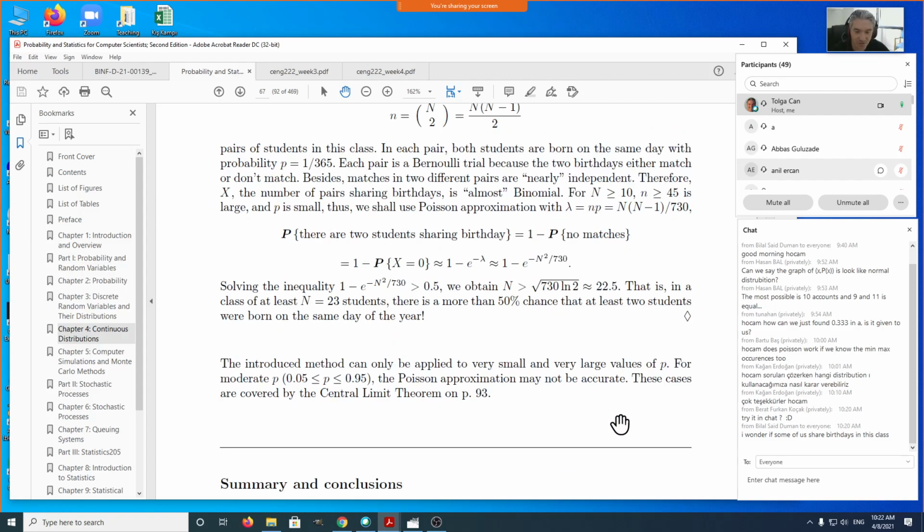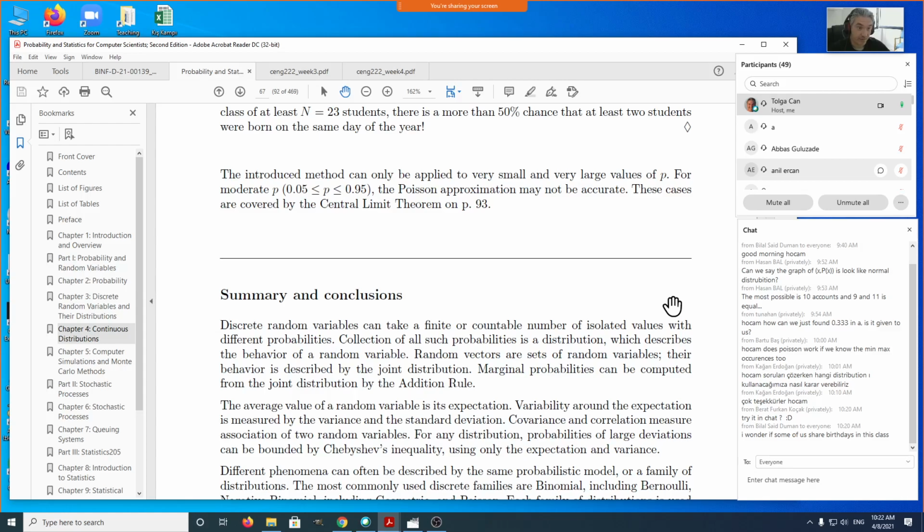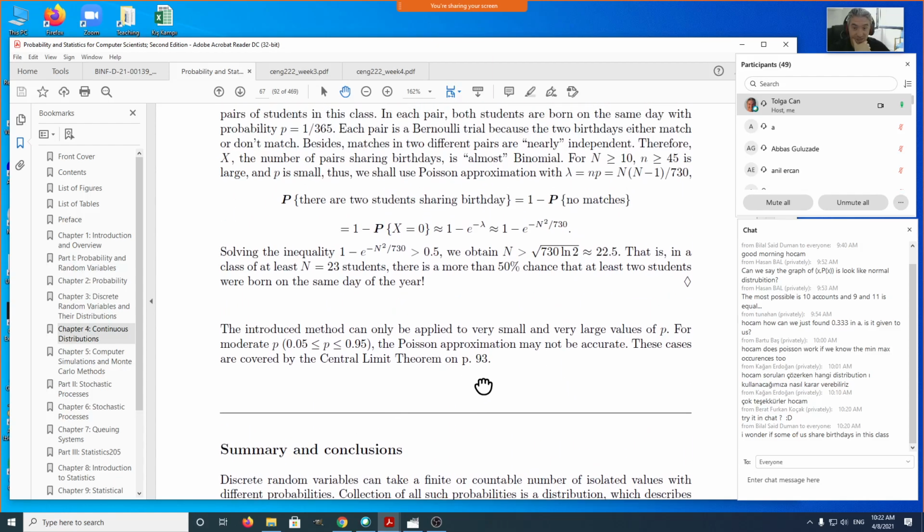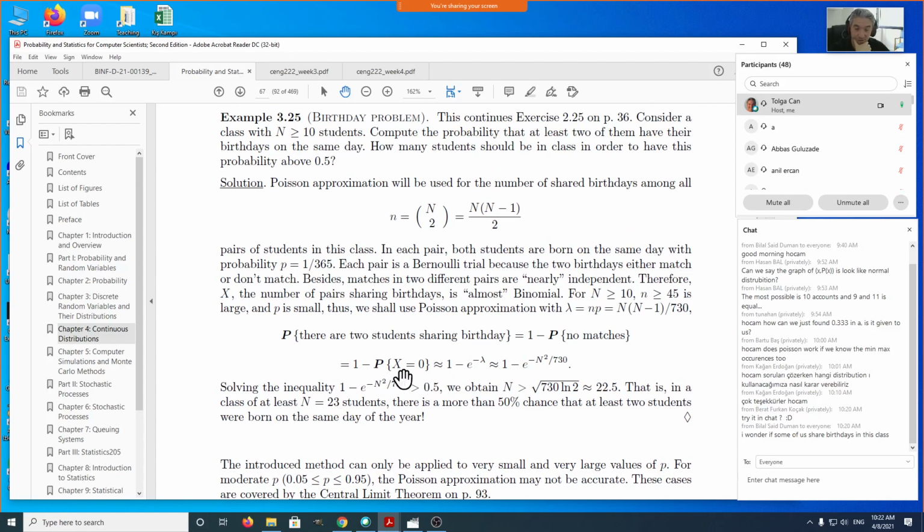We can also try, for example, to compute the probability for 49 participants. Just plug in 49 here, and compute the probability to have at least one pair of students. So 1 minus this probability will be the answer.